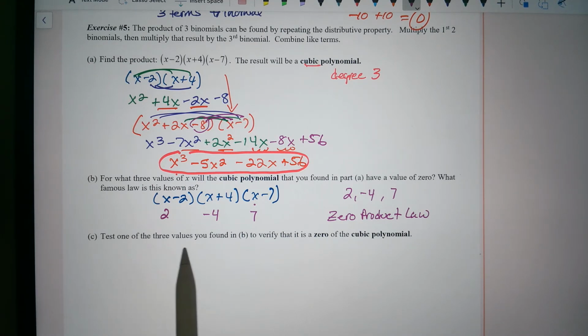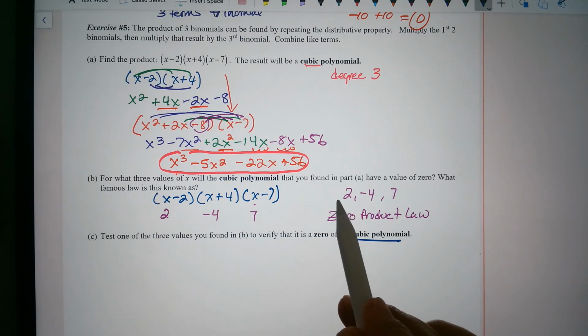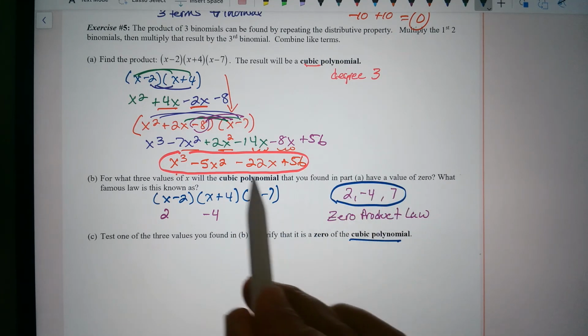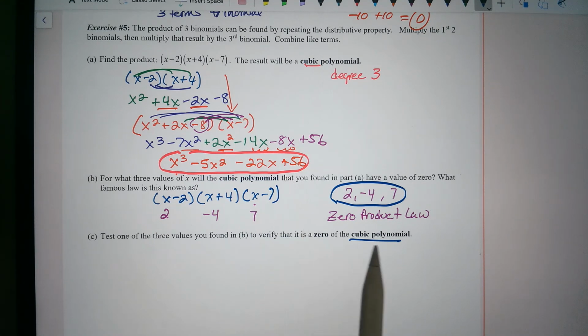Then we're asked to test one of the three values we found in part B to verify that it is a 0 for the cubic. So we want to take one of these three and substitute into our cubic polynomial, and the result will be 0. So I'm going to take 2.